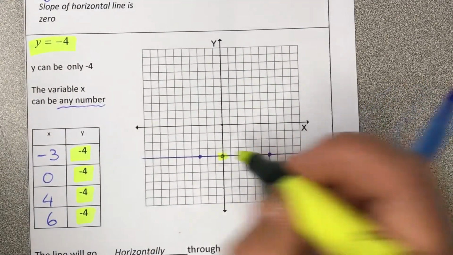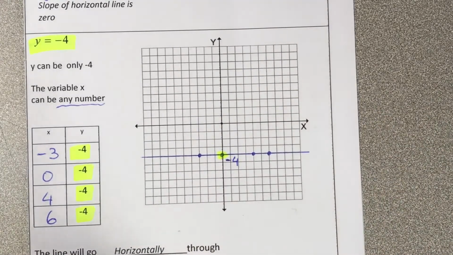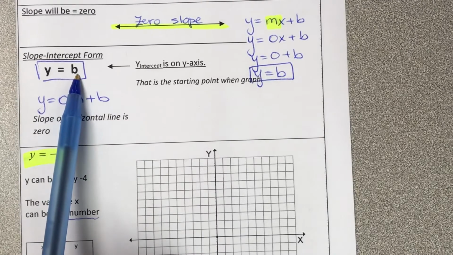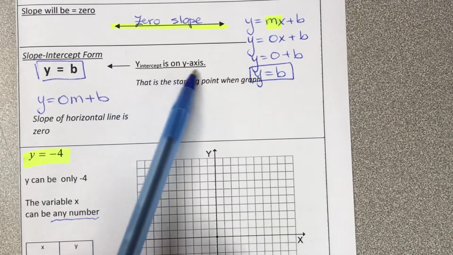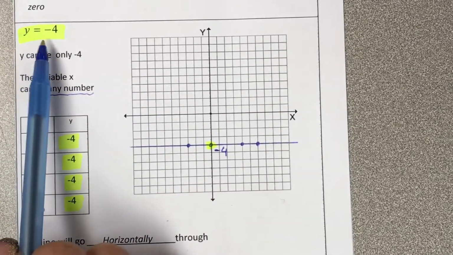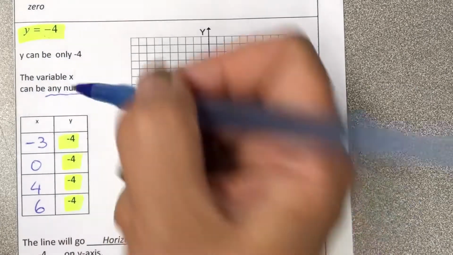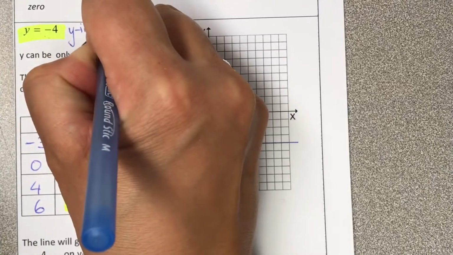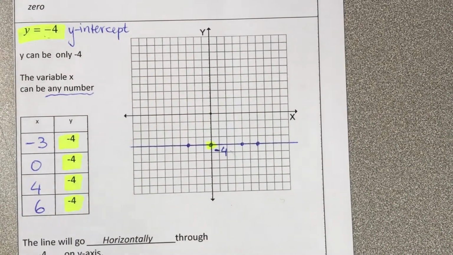and that line goes through -4 on the y-axis. So in our notes, when I said that the b, or the number, is going to be called y-intercept, it will be on the y-axis. So in the example, we have y equals -4, so -4 is the b, which is called y-intercept, and it is a number on the y-axis.